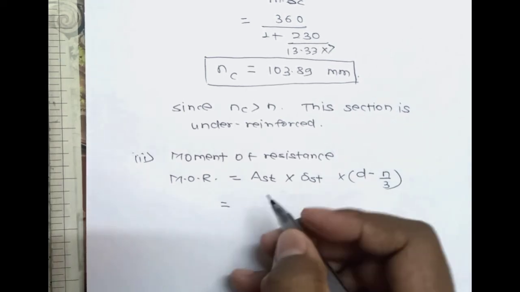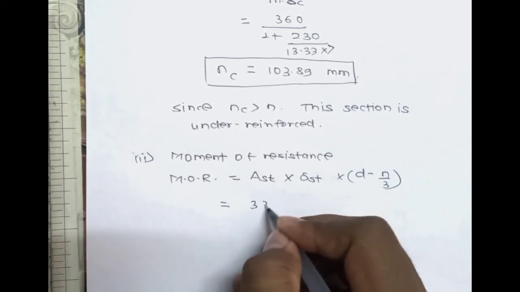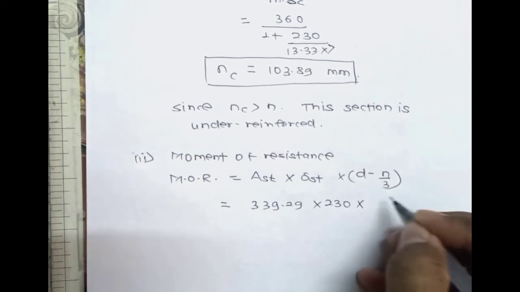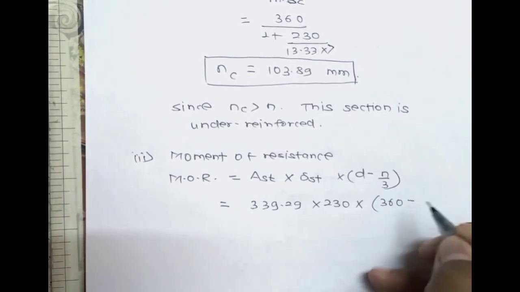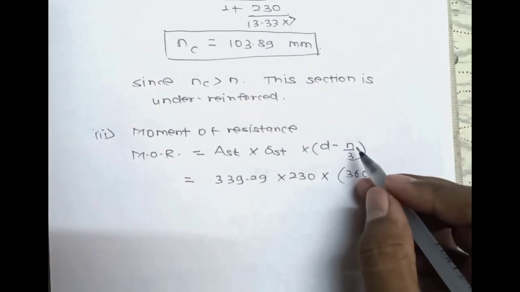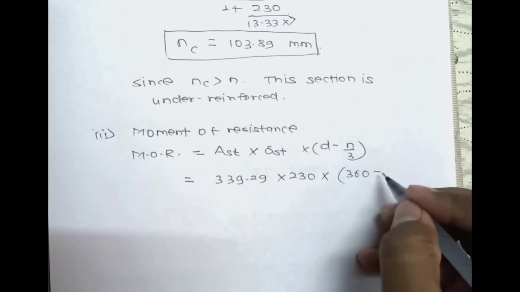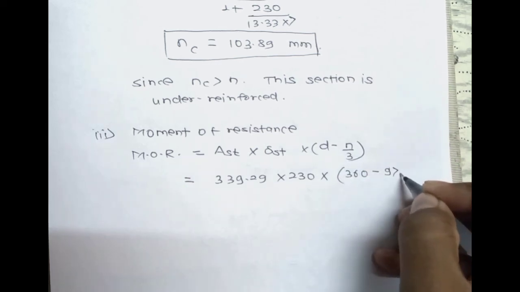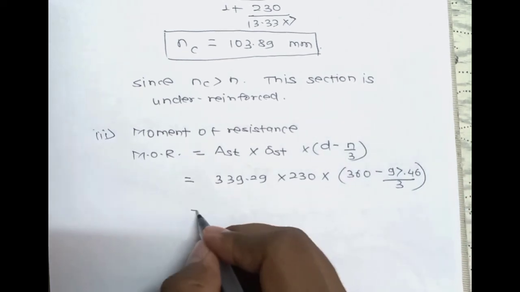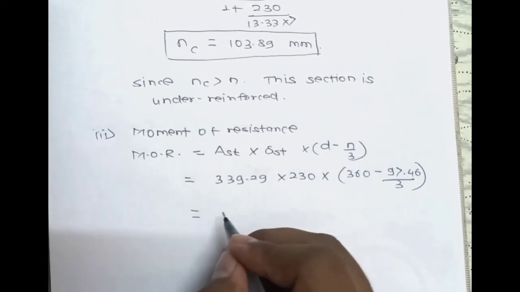So write down the values: 339.29 into 230 into 360 minus 97.46 upon 3.